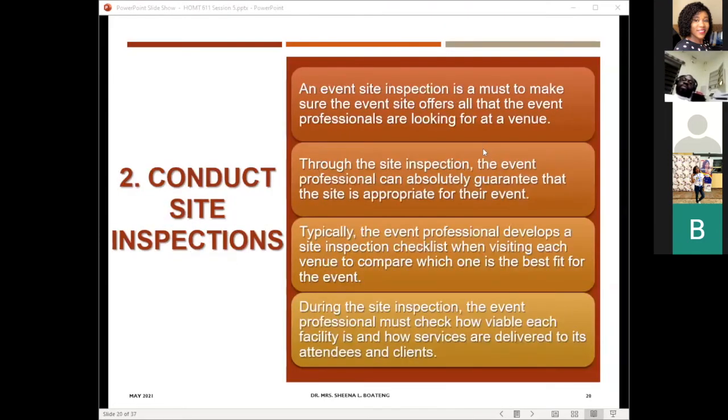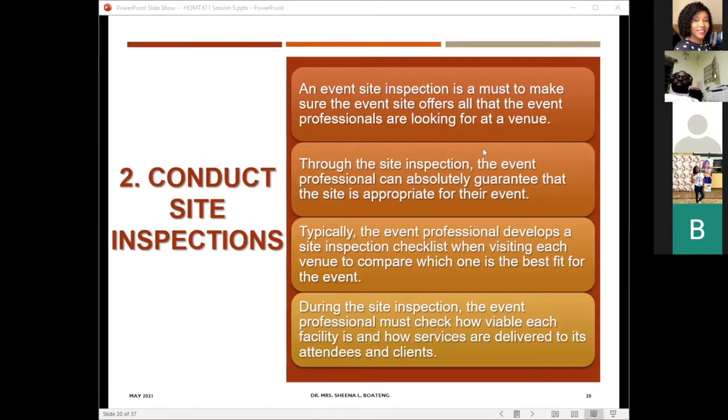So under conducting site inspections, it is all about the event professional taking the list of criteria that they have and going to each of the event sites that they identified through their research to be able to check the viability of each of these sites using the criteria that they have developed to see which one of them best meets those criteria, right?